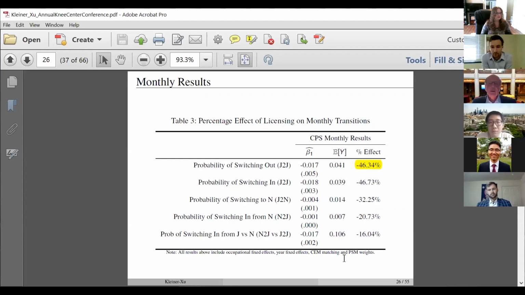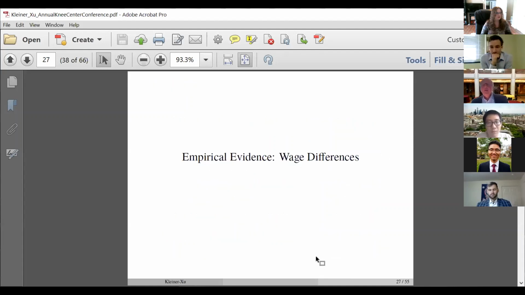We similarly find that people moving from a job to a non-licensed occupation tend to be negative, and people who are not employed moving to a job are also less likely to go to a licensed occupation. The difference between those two is provided as well. So what are the effects, given that people are moving less?